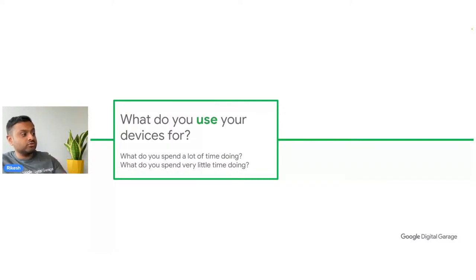And we can even use some more clarifying questions that you can see here on screen. So what do you spend a lot of time doing on your smartphone in the last 24 hours? And if you're struggling with that question, you can use the contrasting question of what do you spend very little time doing on your device, and that will give you clarity through contrast as well.